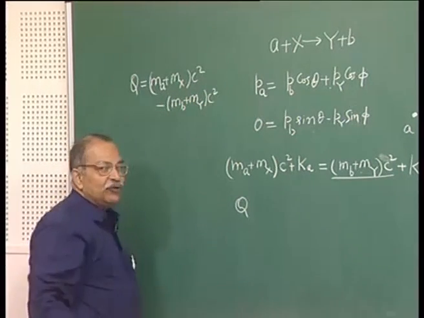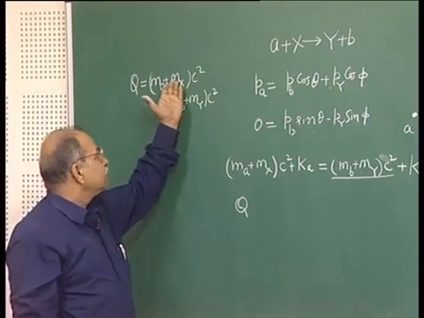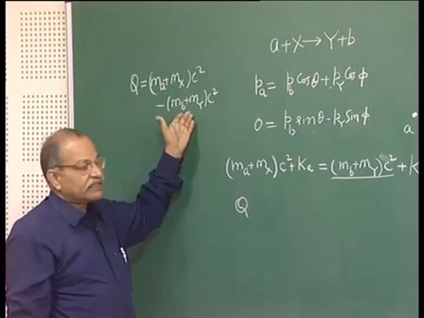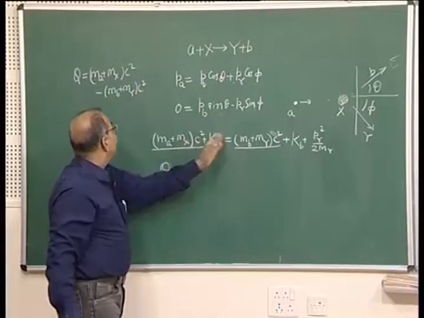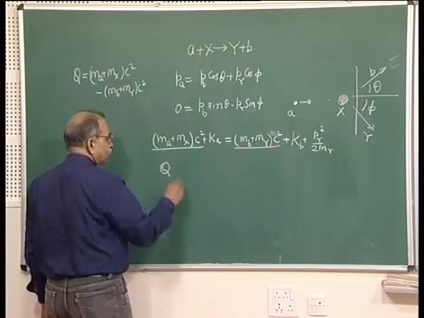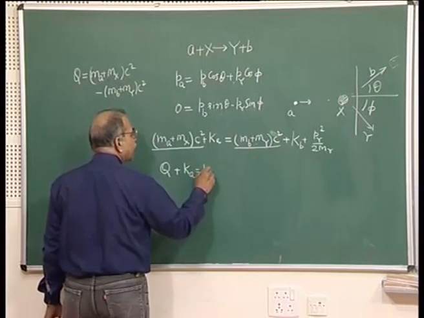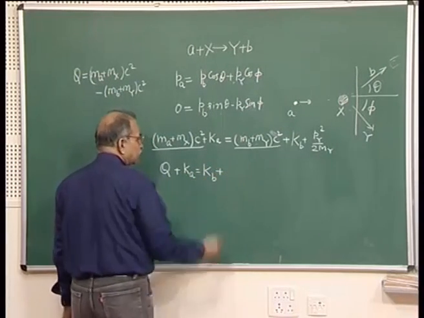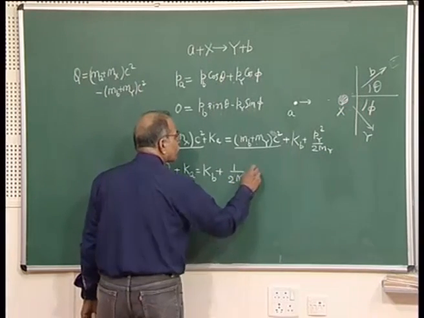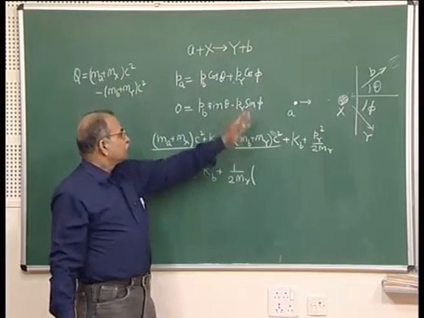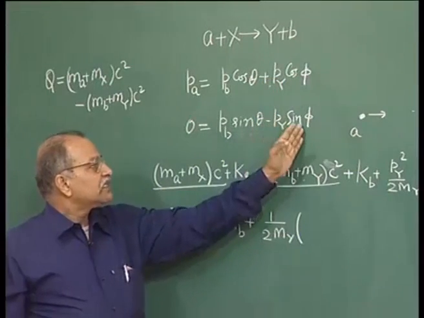So, Q value we had been talking for quite some time, the initial rest mass energy minus final rest mass energy, that we write as Q. So, if I take it to this side, then this minus this is Q plus Ka is equal to Kb plus 1 over 2 my Py square.